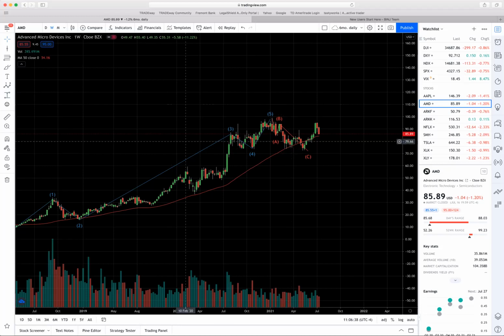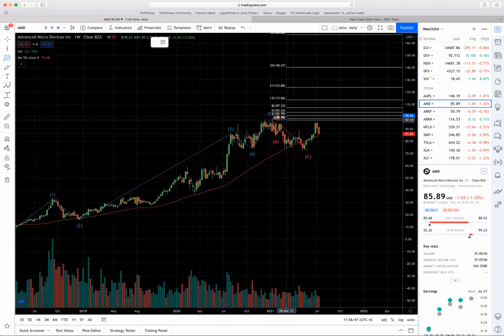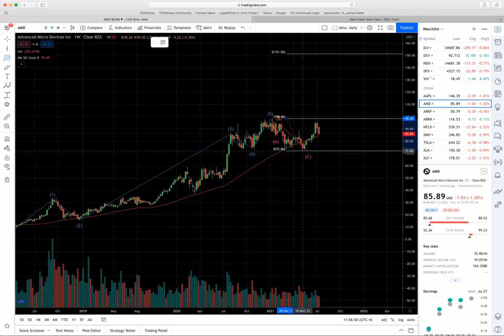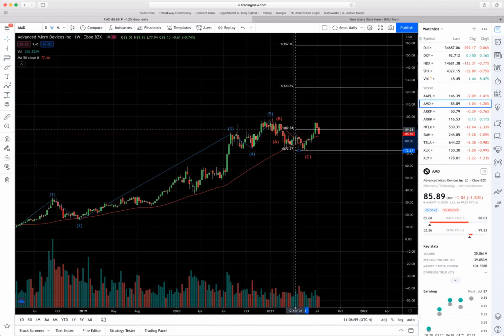So if we scroll our grand cycle, did I do it from up there? I should have taken a snapshot. Oh no, I didn't draw it from up there. I drew it from down here.